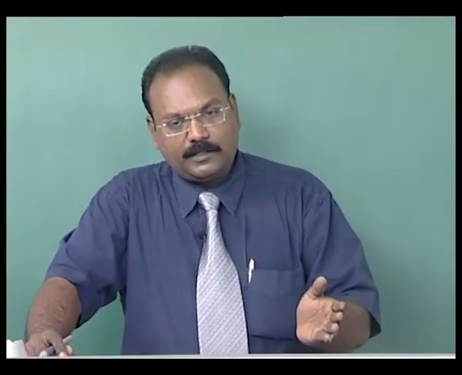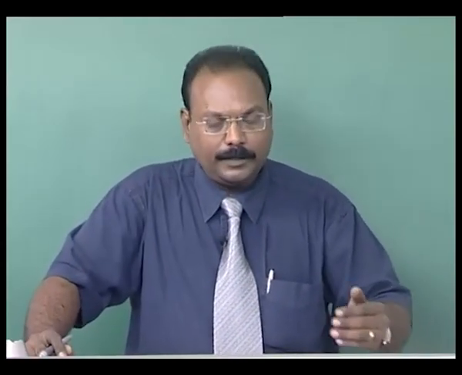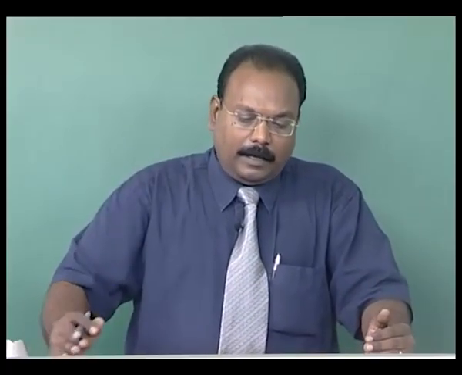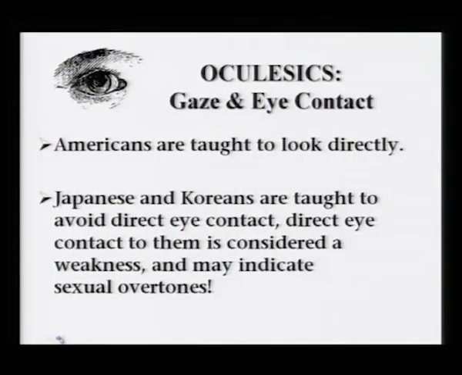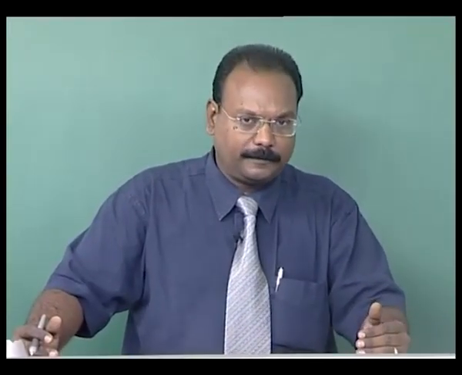Whereas, if you look at Japanese, Koreans, and the most part of South Asians, including even Indians, they are not taught to look directly at someone. It's not there in the culture. Where Americans would consider looking directly as a sign of openness, honesty, Japanese and Koreans are not taught to look directly, and rather they are controlled in their behavior to avoid direct eye contact.